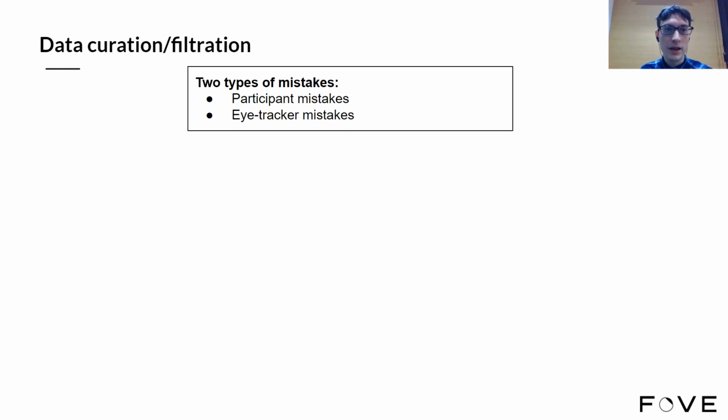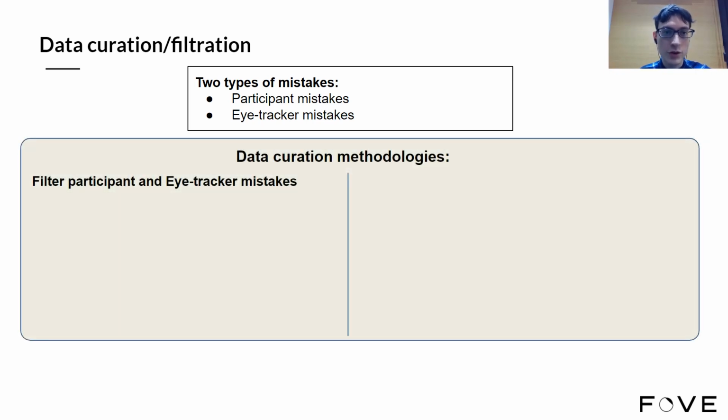Besides the participant mistakes, the eye tracker can also be a source of the observed inaccuracy spikes, such as when image processing fails. We will refer to those as eye tracker mistakes. We found that many research groups designed data filtration in order to filter out both participant mistakes and eye tracker mistakes.